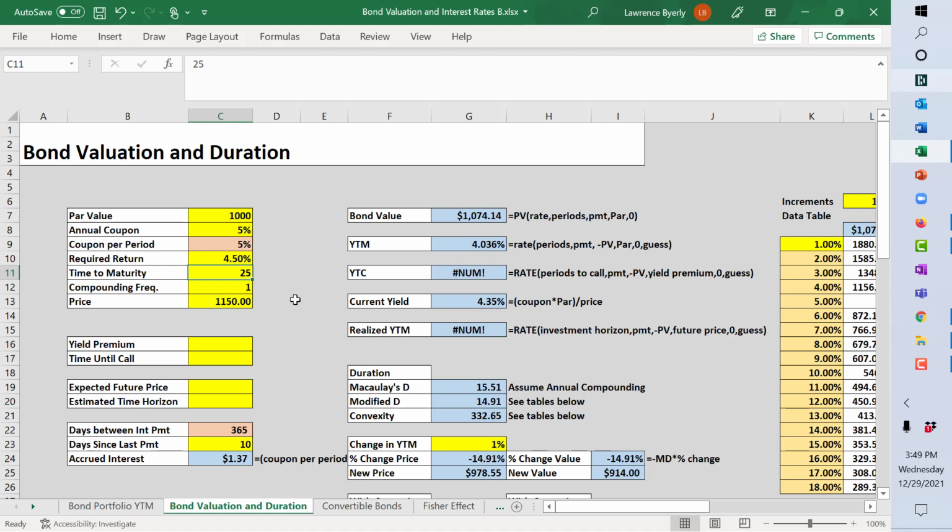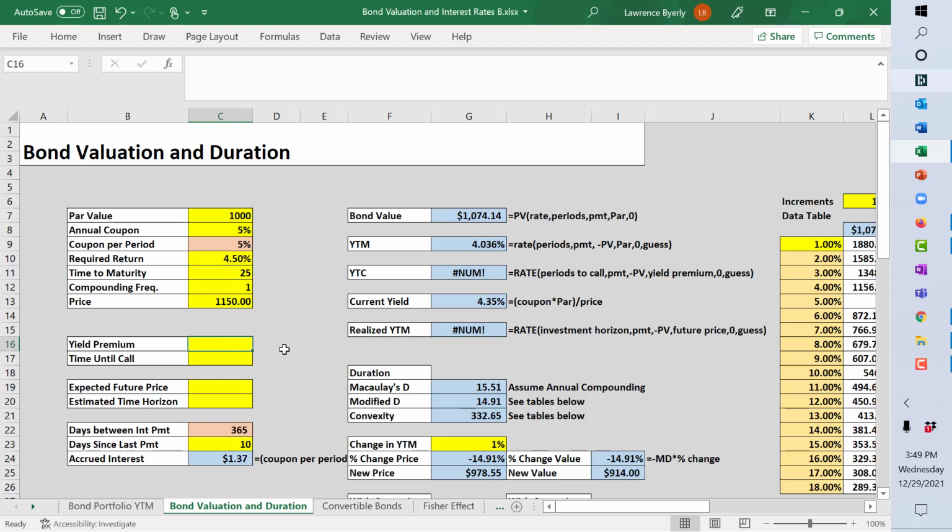Now, another concept that we can talk about is called the call feature. From time to time, corporations, just like you and I, would like to refinance their debt if they can figure out a way to pay less interest, right? If interest rates fall far enough, they want to refinance at that lower rate to save some money.